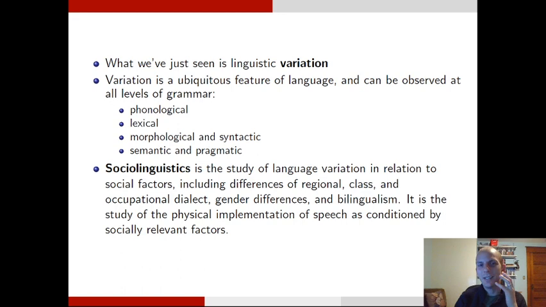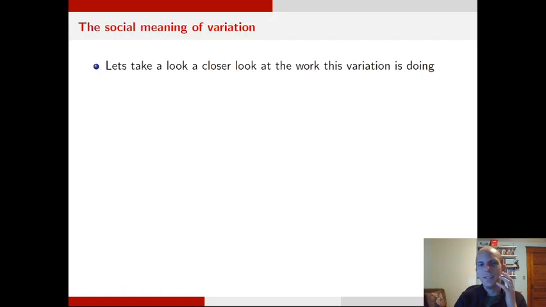In order to get into this a little bit more, to sink our teeth into it, we're going to take a closer look at an example and see how sociolinguistics differs a little bit from the other subfields that we've been looking at. So here is a good example of an utterance by a speaker, Ryan.